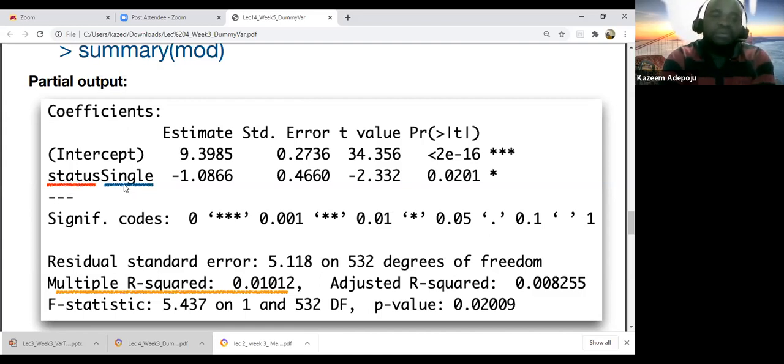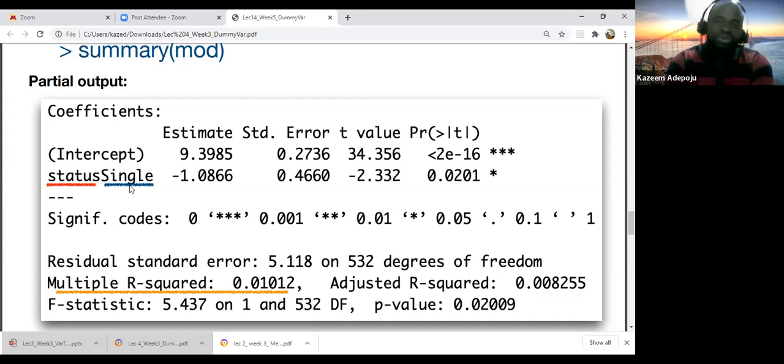Now, when we have status single, what do we mean? Let me tell you that our model still remains y equals beta naught plus beta 1 x. I'm going to say that again: y equals beta naught plus beta 1 x.